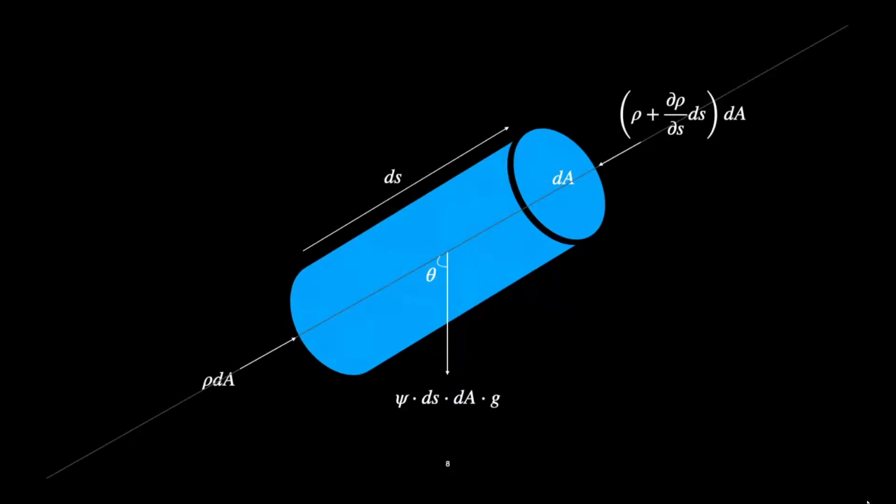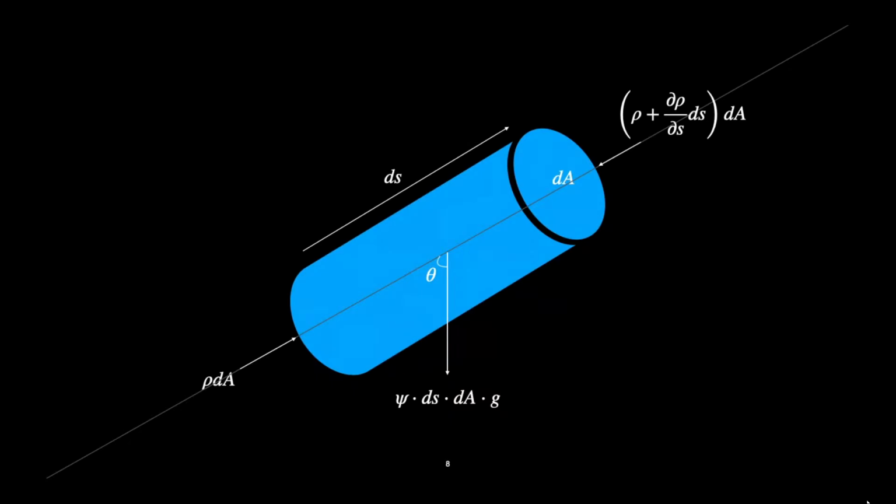And as we know, we have the angle theta here. The component of the weight along the line we are working with is going to be mg cos theta. So psi times ds times dA times g times cos theta is going to be our force, and it's going to be in the direction opposite the bigger pressure force.